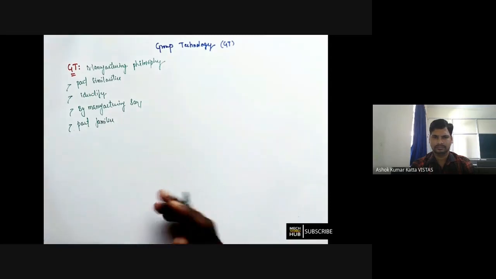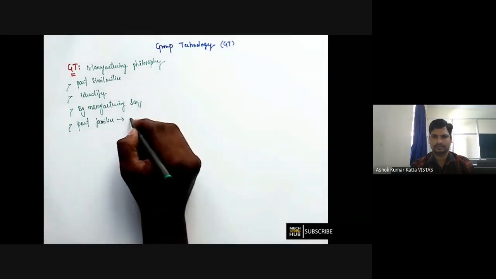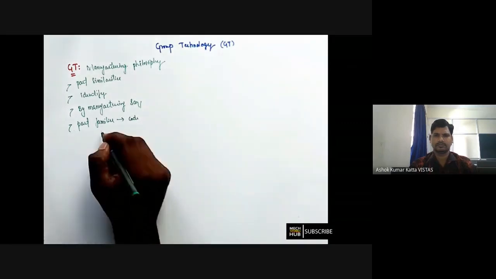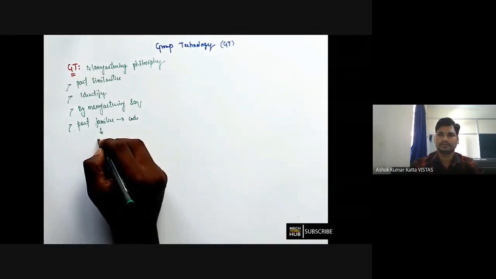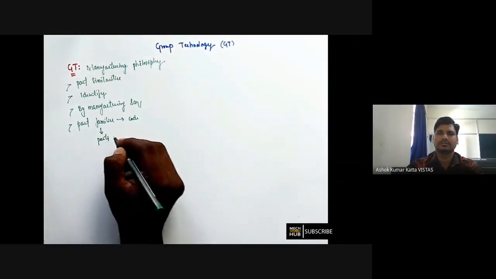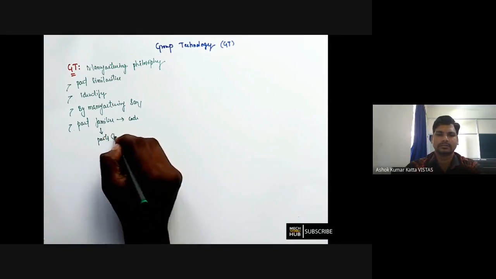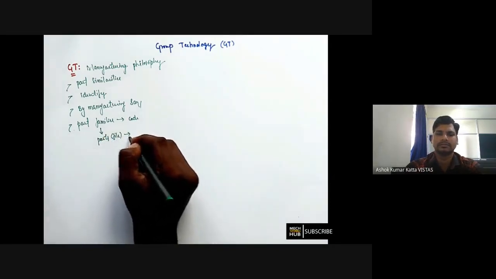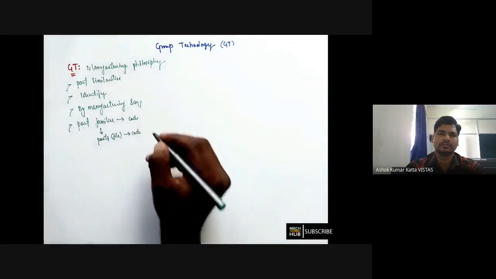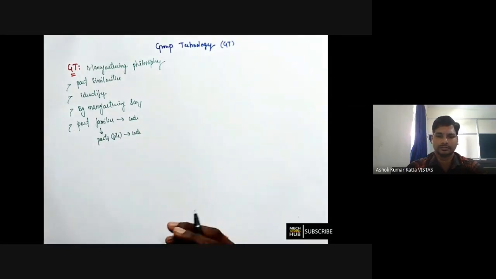And those part families are identified with some coding system. Under these part families you might have different individual parts or a specific part file. Even that is identified with a coding system. Now how to give coding to a specific part, we'll discuss in our further discussion.